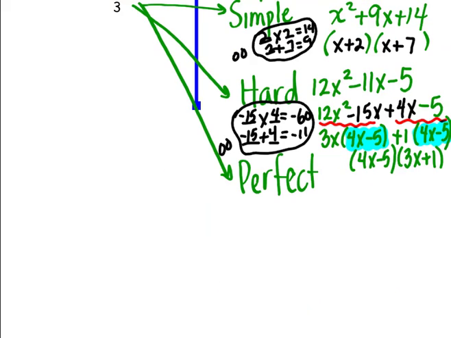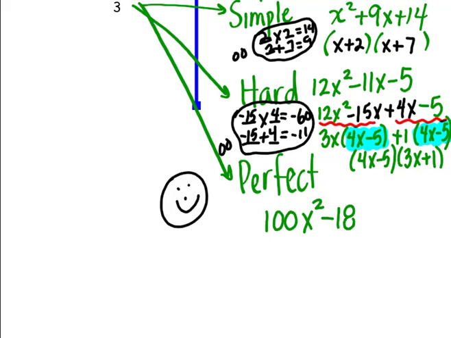And then the perfect trinomial square. This is the best catch of all. If you happen to recognize a perfect trinomial square, it will save you time and energy. So say for example, if I had 100x squared minus 180x plus 81. If I first looked at that, I might say it's a hard trinomial, and I could still do it the way that I did up above.